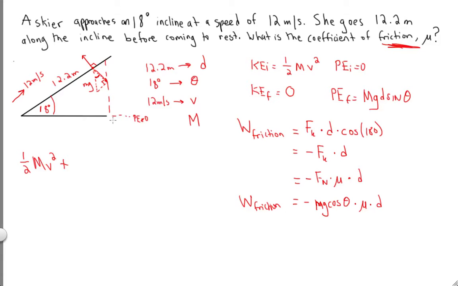So it's going to become forms like heat, sound. So we need to account for that by adding the work due to friction. Since it's negative, when we add it, it's actually going to take away from the initial energy. So we have plus the work due to friction, and that's equal to our final energy, PE final, mgd sine theta.